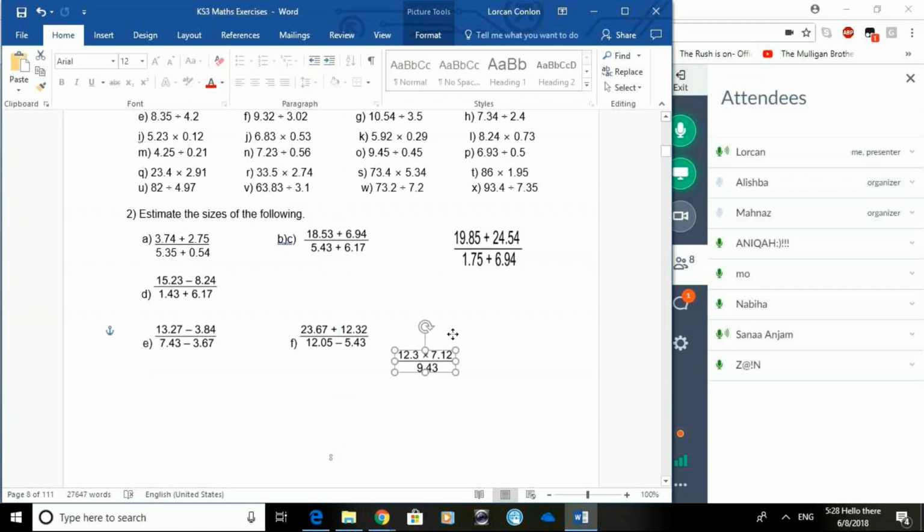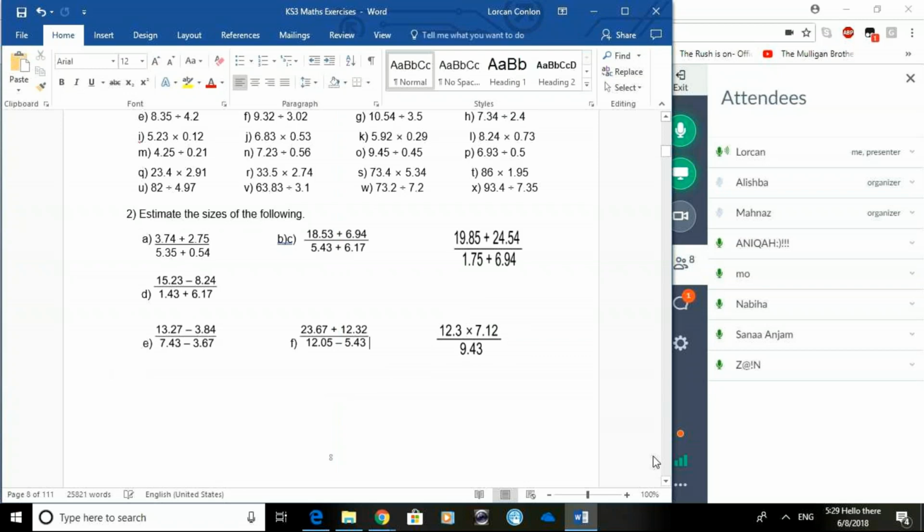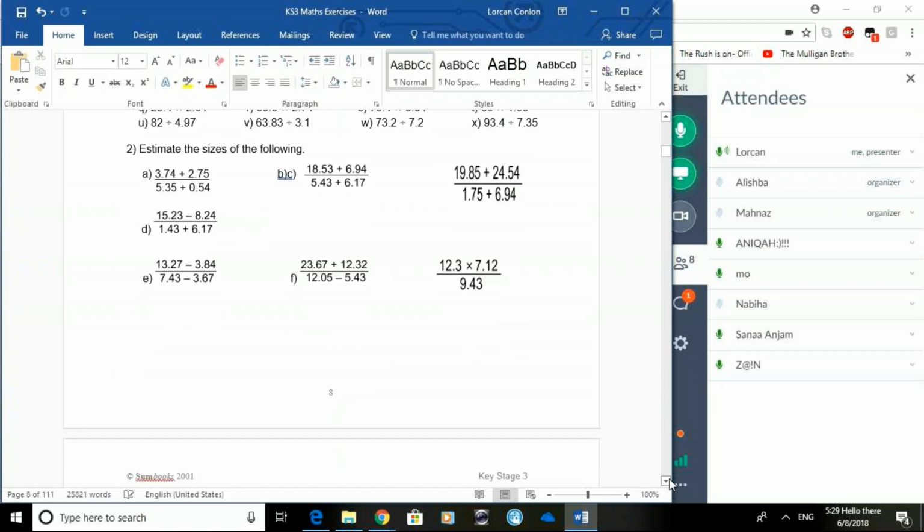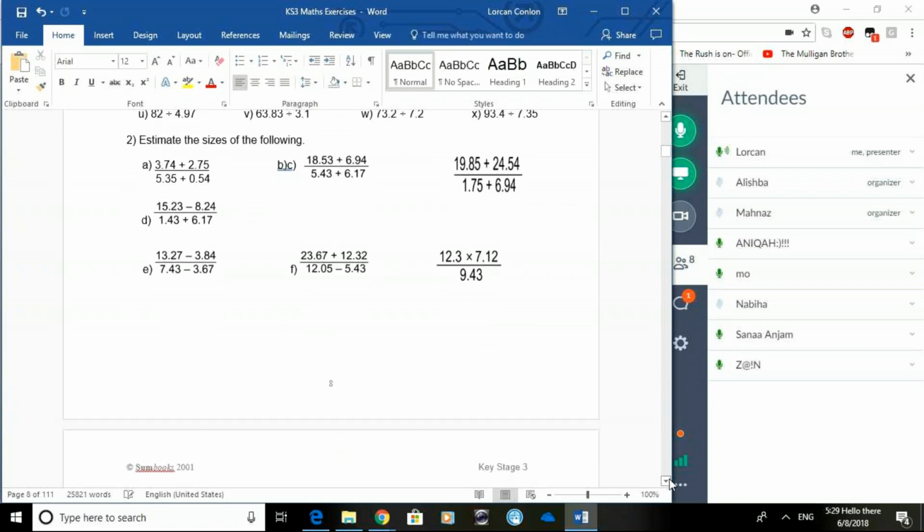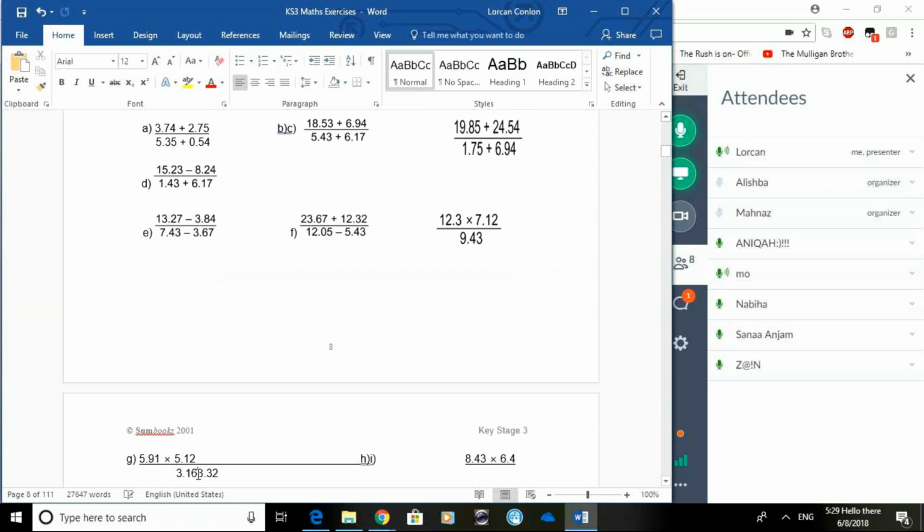So you try that one, Sana, H. And Zian, see this one here? It's not ideal, but could you try that? I know it's not written out very well at all, but if you could try that, that'd be good, okay? Everybody know the question? Anybody unclear? Not really, no.